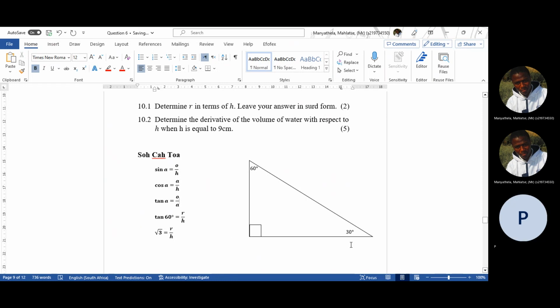So sine 30 degrees is equal to 1 over 2.